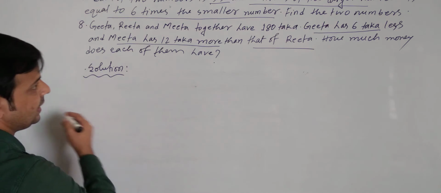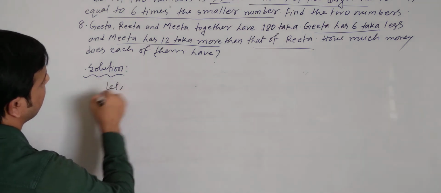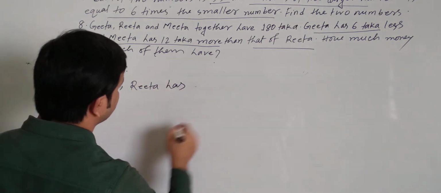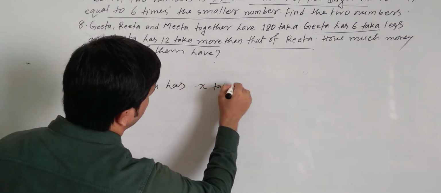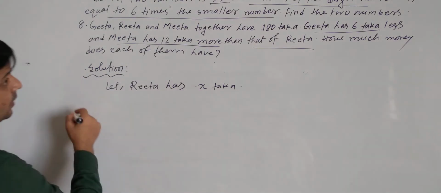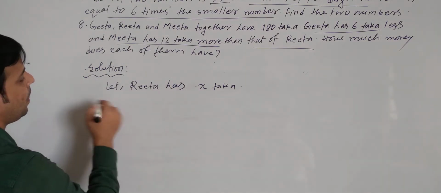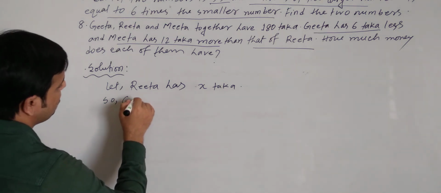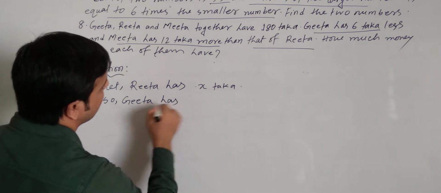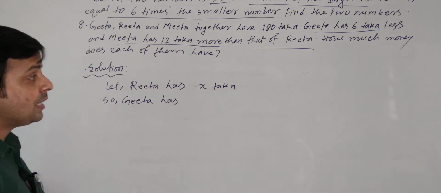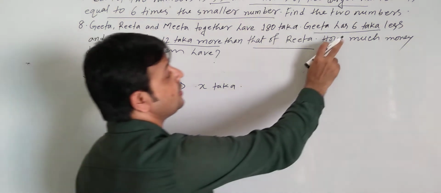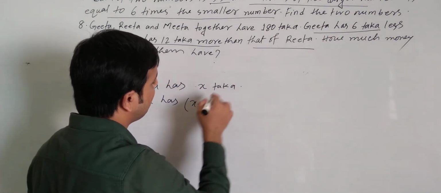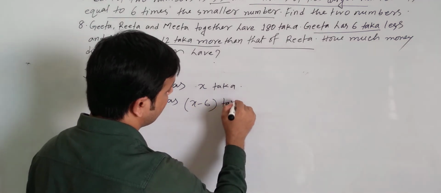Okay dear students, now see, let Rita has x taka. So we can say Geeta has, what is the money of Geeta? Geeta has 6 taka less than Rita. So if we subtract 6 from x, this will be the money of Geeta.